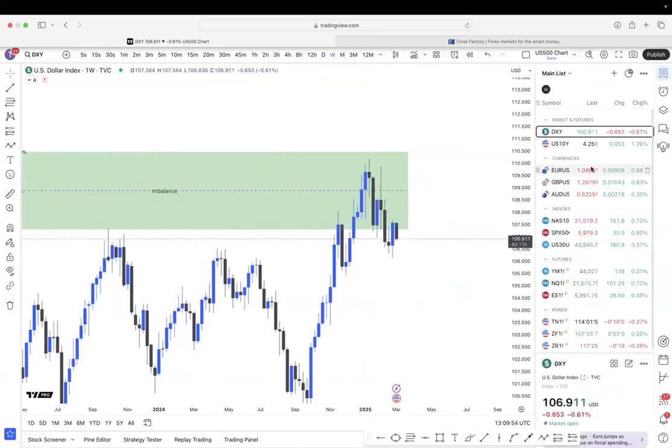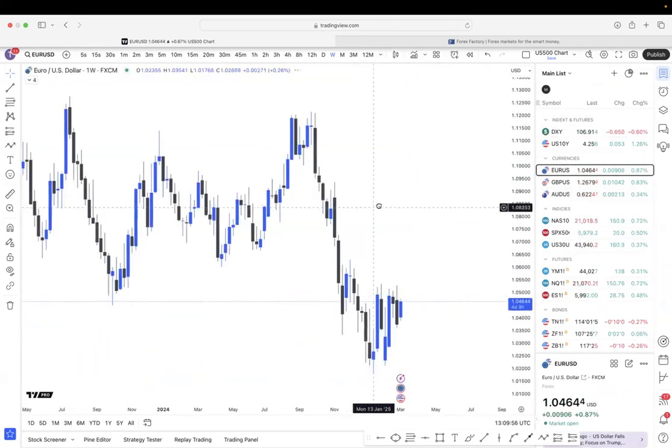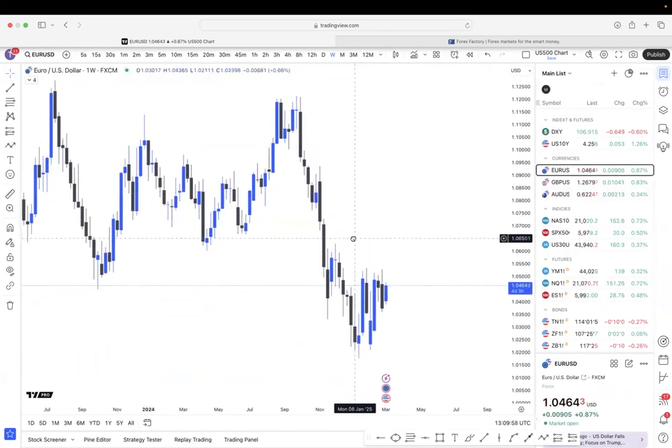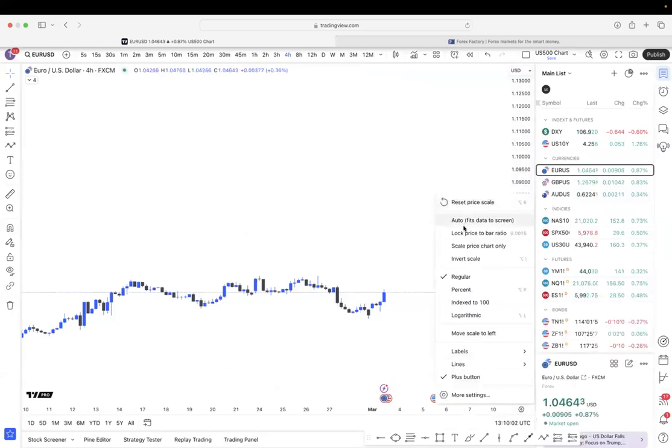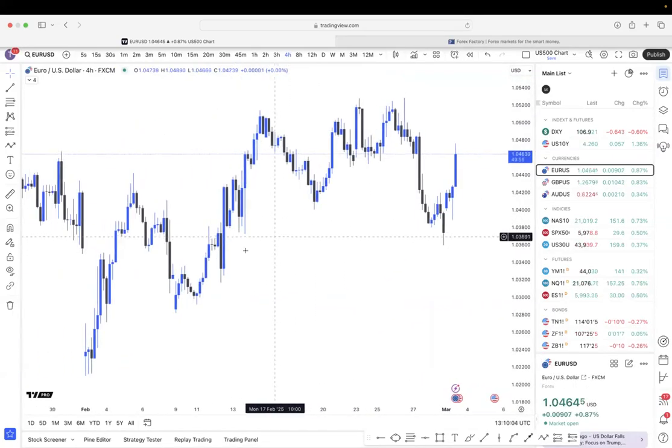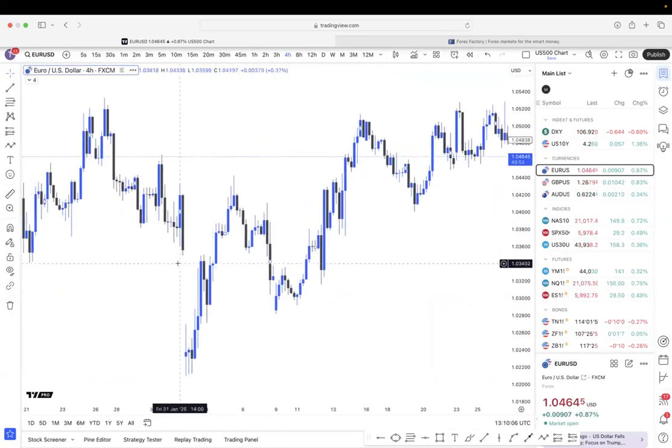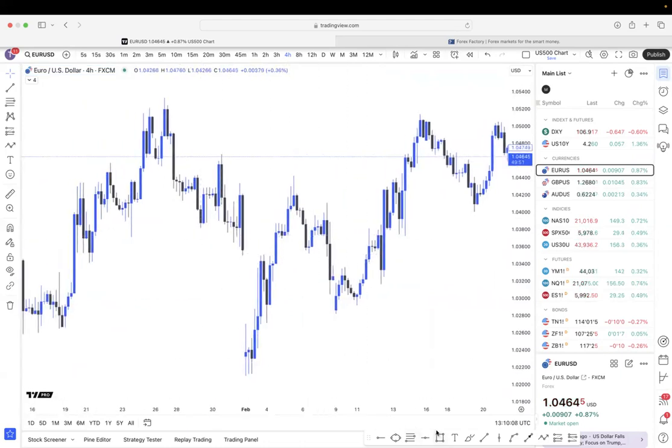Now, you can go on to any random chart that you wish, any random time frame, and you can basically have a look at areas of inefficient price action, and you can see that you are going to get very, very strong reactions from these areas.